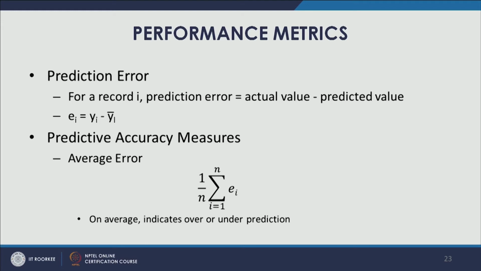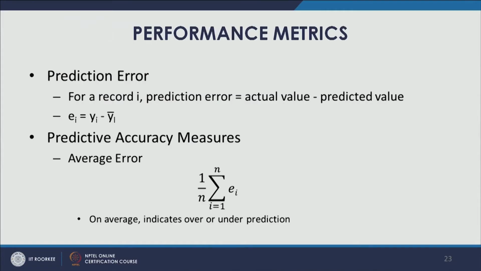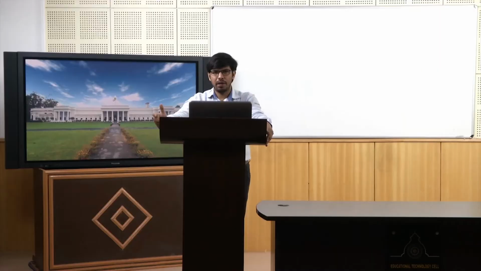Now, there are some predictive accuracy measures which are popular and generally used to assess the performance of prediction models. We will discuss them one by one. First one is average error. As the name suggests, you can look at the formula written there. You can see the residuals for all the records, starting from 1 to n, where n could be any partition on which we compute this metric, average error.